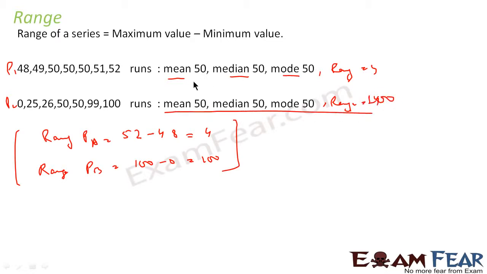If this is hidden from me, and I am told that mean, median, mode are 50 for both, and for player A the range is 4 and for player B the range is 100, I can tell that player A is better because this guy is more consistent and the runs are the same. Correct? So only with range, it doesn't give the clear picture, but range with mean, median, mode, it gives a clearer picture.